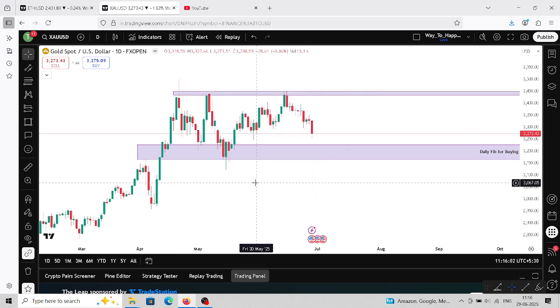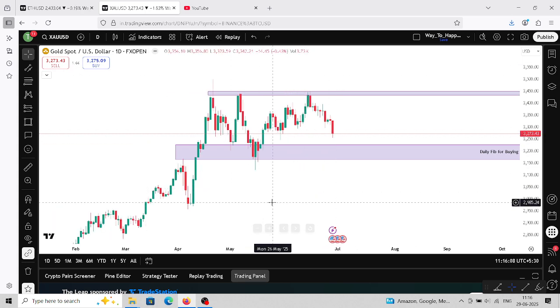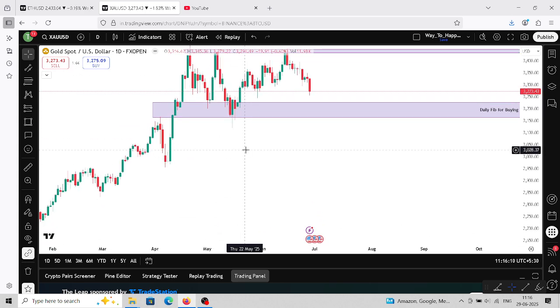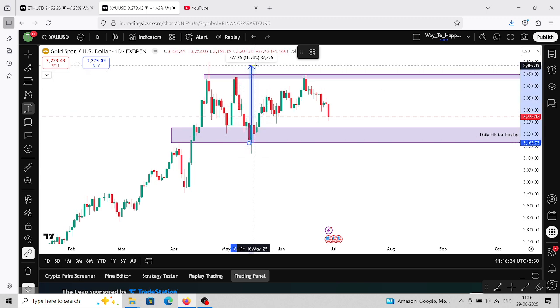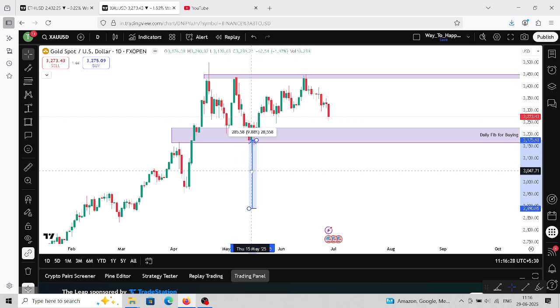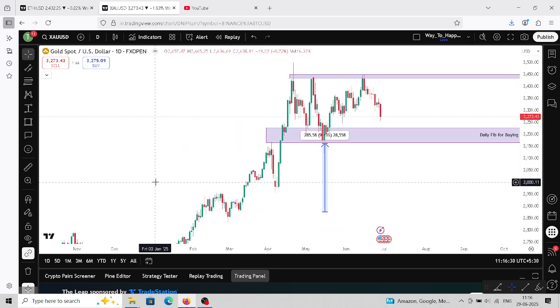Okay. Now on the daily resistance, the prices are like this on a daily basis. In case this fib gets broken, although it should not happen, then how much downfall are we talking about here? Here we are talking about somewhere like this.